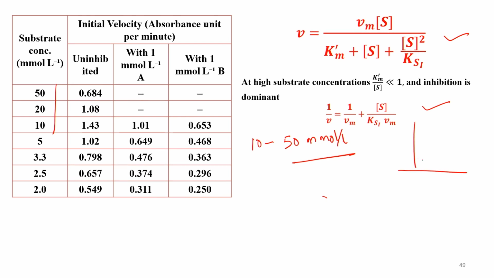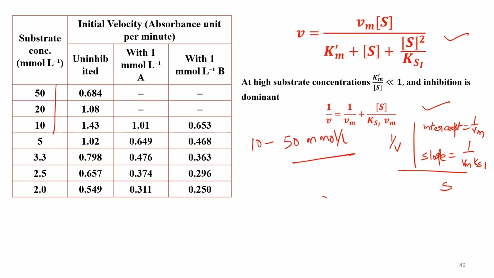So, we have to plot 1 upon V against S. The intercept will be one upon Vmax and the slope is 1 upon Vmax KSI.